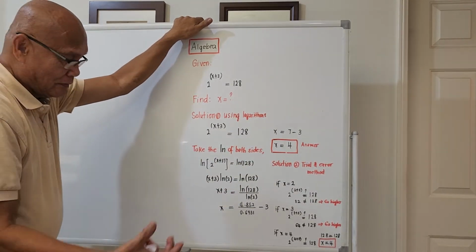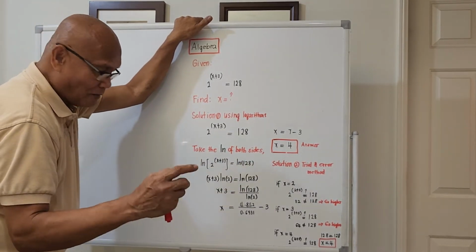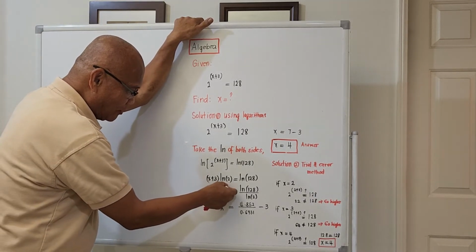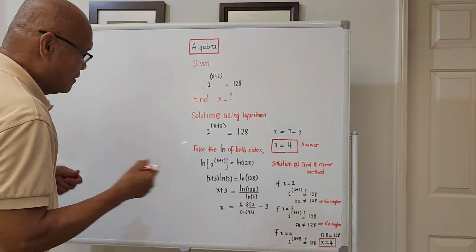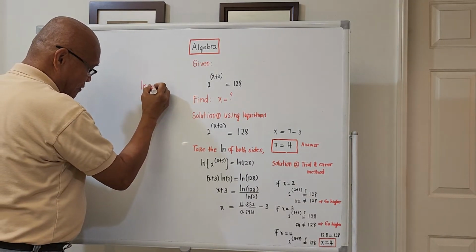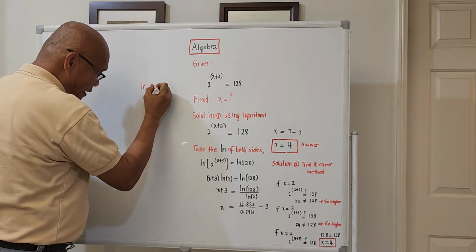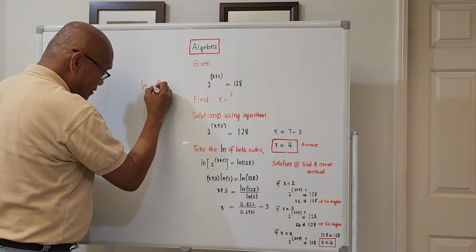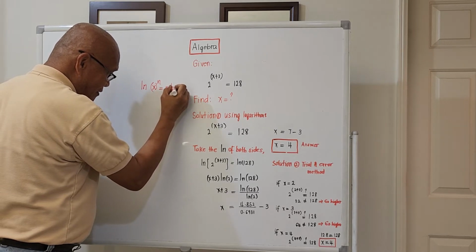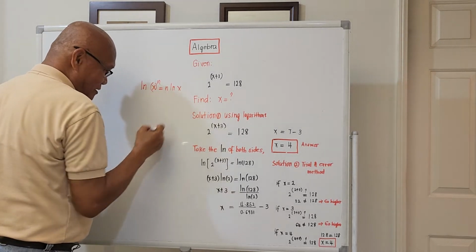Okay? The left hand side can be simplified as x plus 3 times the natural logarithm of 2. Why is that so? Because the natural logarithm of, as an example, x to the n can be written as n times the natural logarithm of x.